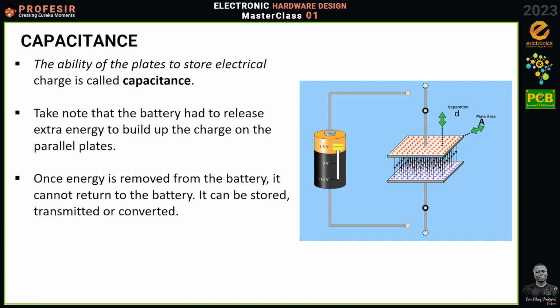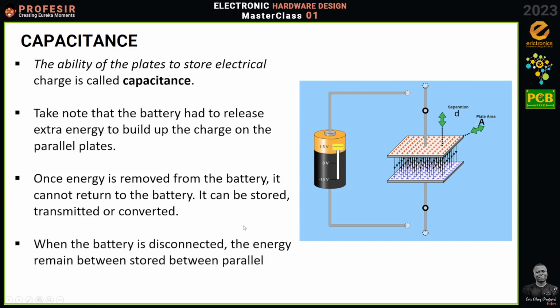And fortunately, over here, we don't have any work to be done. We don't have any device to power. So the only explanation is that the energy gets stored between these plates. Once energy is released, it can be stored, transmitted, or converted to other forms of energy. For our setup here, the only explanation is that it gets stored.